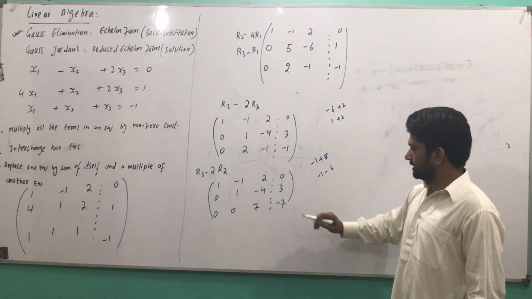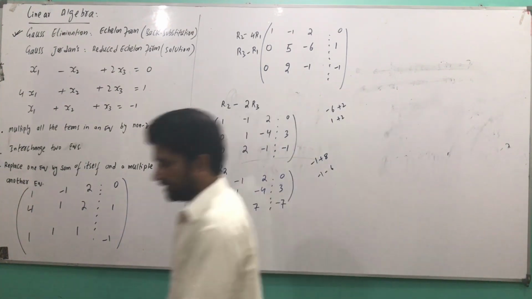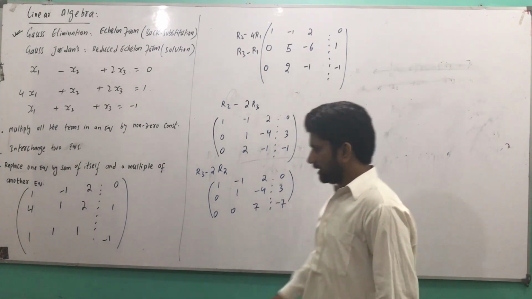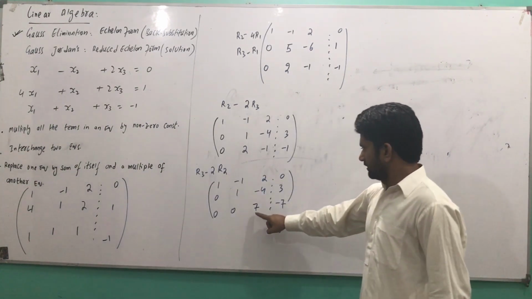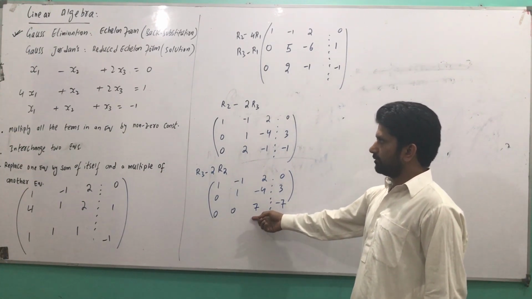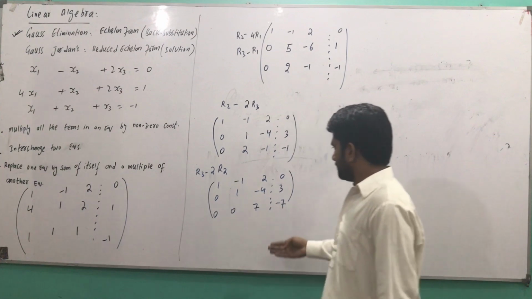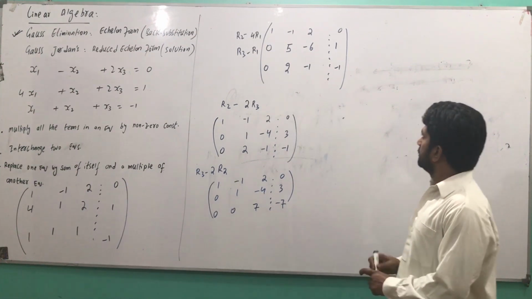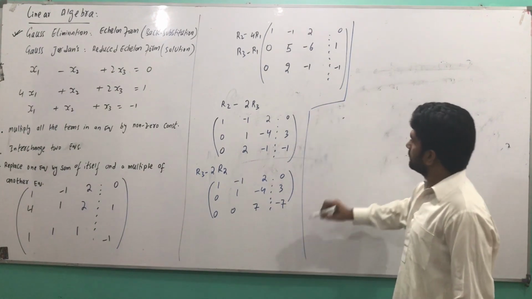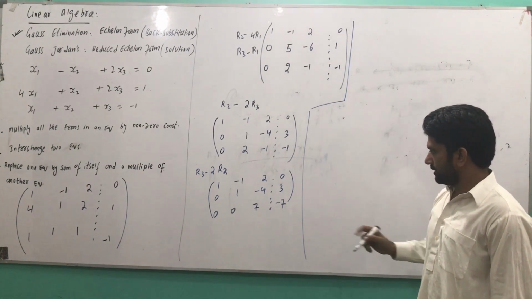So till here things are simple and we have successfully done it. So the last step is that this needs to be 1. So according to this, we can divide by 7. We have 1 here. R3 divide by 7.